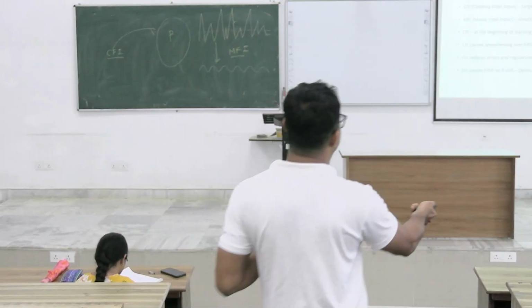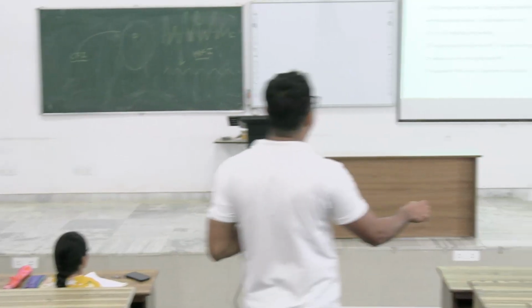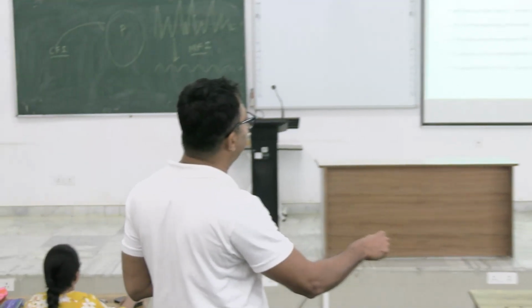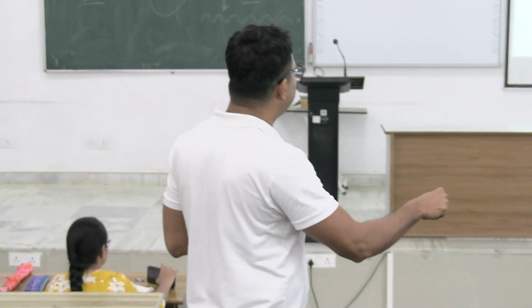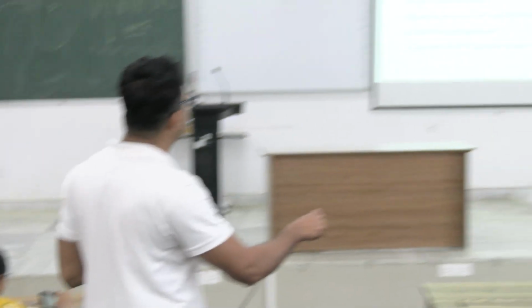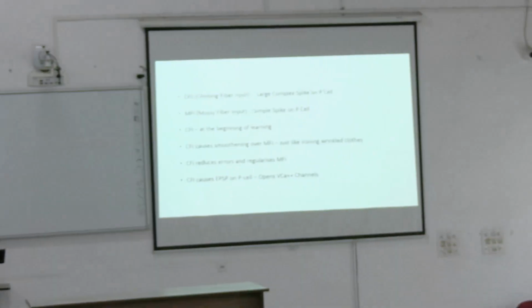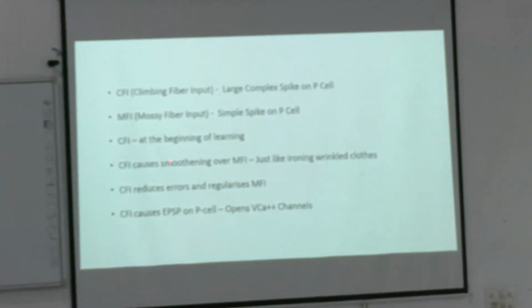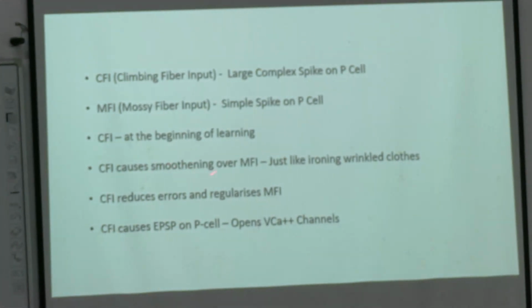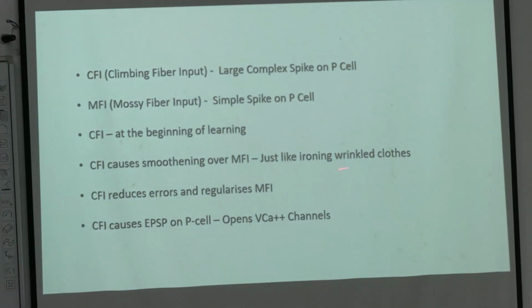See, climbing fiber input is a large complex spike on the Purkinje cell, and mossy fiber input is a simple spike on the Purkinje cell. CFI occurs at the beginning of learning. CFI causes smoothing over MFI, just like ironing a wrinkled cloth.